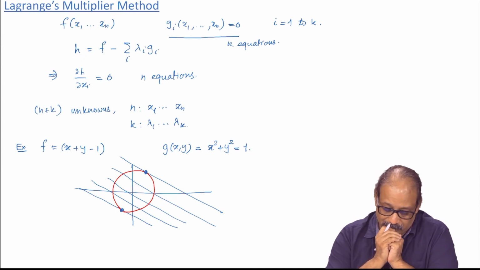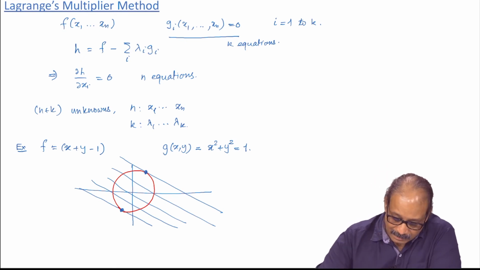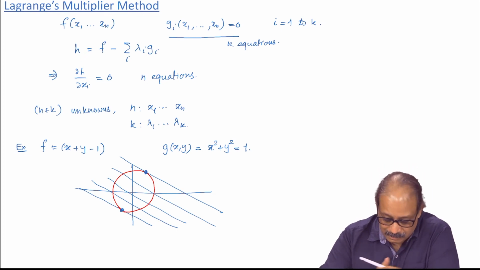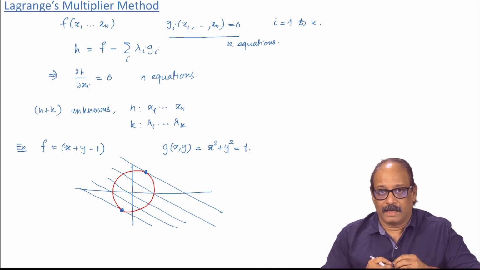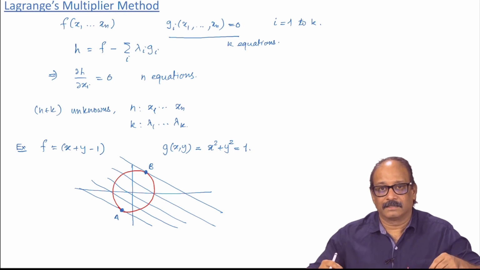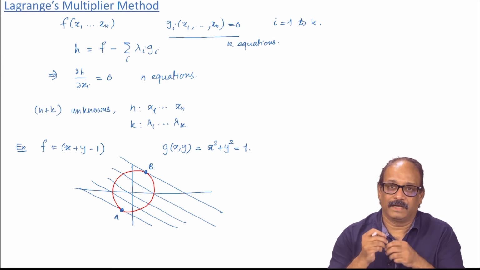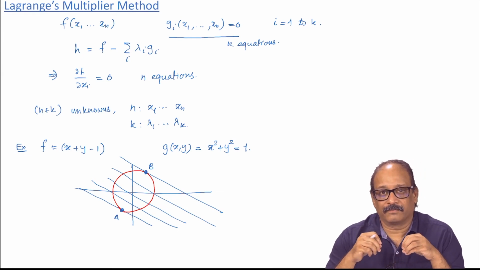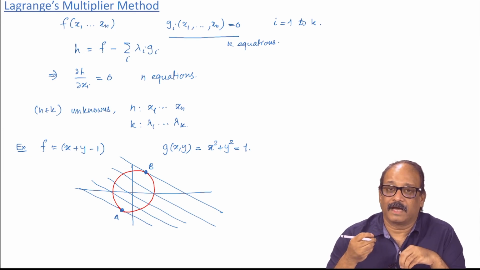And if you look at the function, you will immediately see that the value here of the function is larger than the value here. So, over the red line, as you go from point A to point B, from either side the value of the function is increasing towards B. What we get is a minimum value of f at A and a maximum value of f at B.